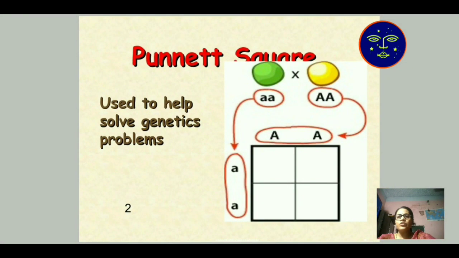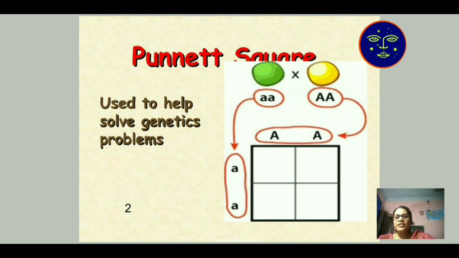In the Punnett square, Punnett is a scientist who gave a square representation for your genetic study. With the help of this, we will know how to determine the crosses in genetics.